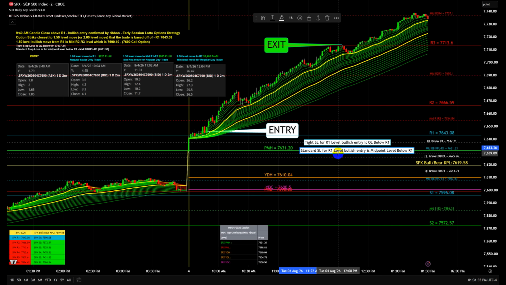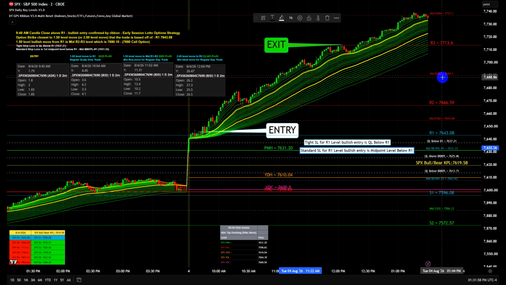Okay, so in this case, like I said, $185 total. You're still going to use the same tight or standard stop loss as the entry, because it's based on the level that you're doing. Same process. If you're adjusting your stop loss, you're adjusting it to break even, the price you executed your entry at. Everything else is the same.